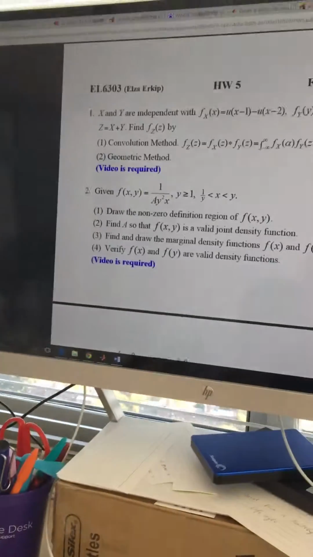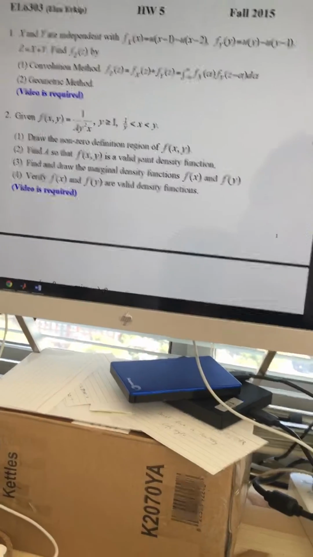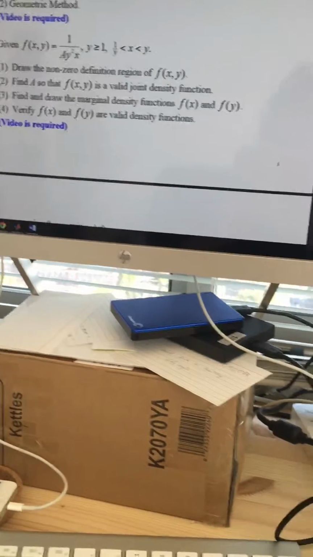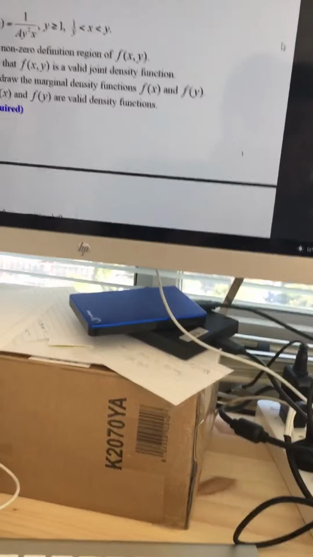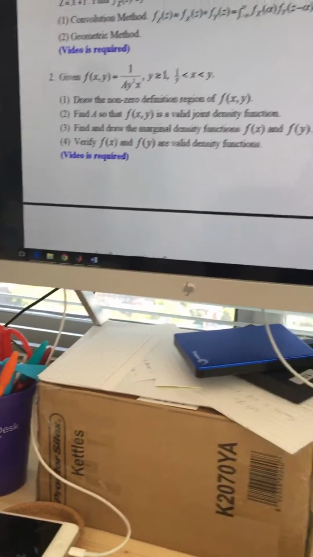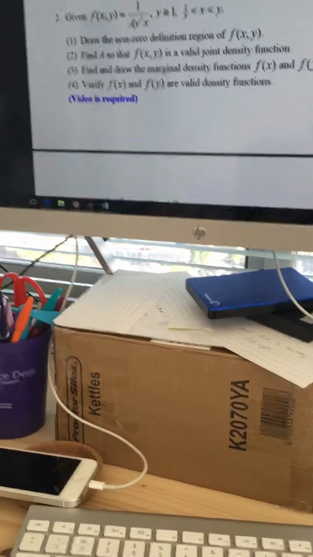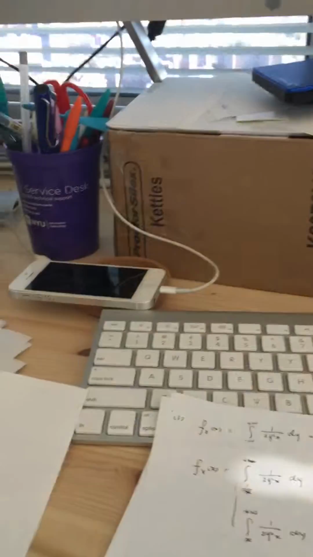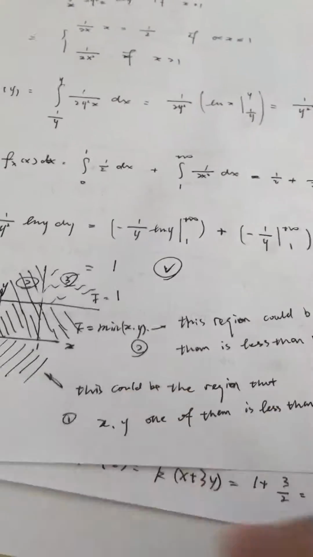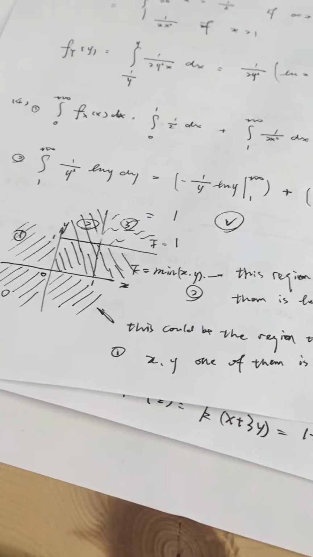The fourth question asks us to verify that f(y) and f(x) are valid density functions, which reminds us that we should integrate out these variables over their intervals of definition. So let's do this. X is from 0 to infinity, as it is right here, since this time it is not a y-bounded x.